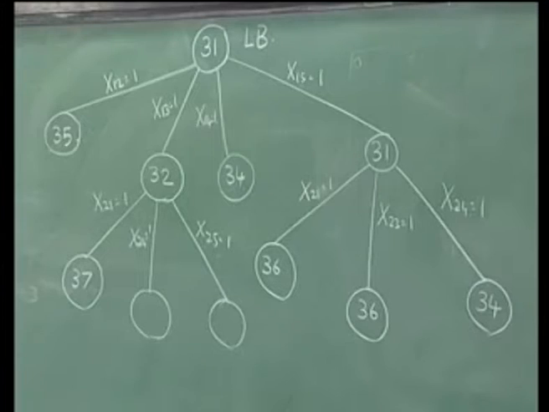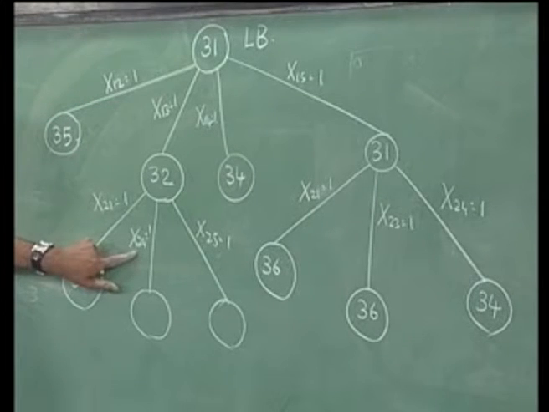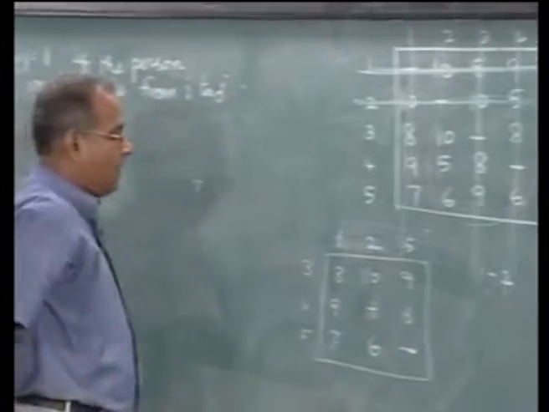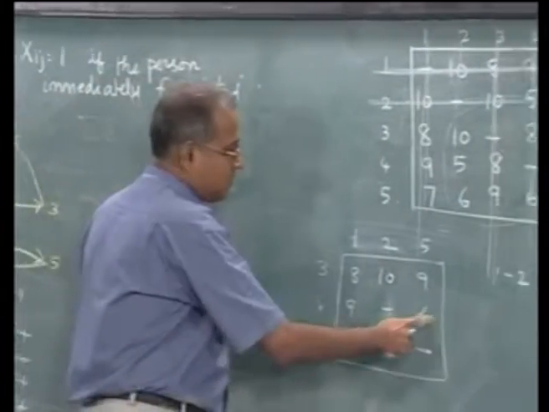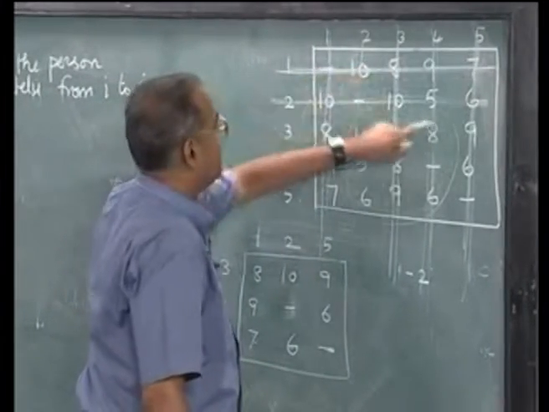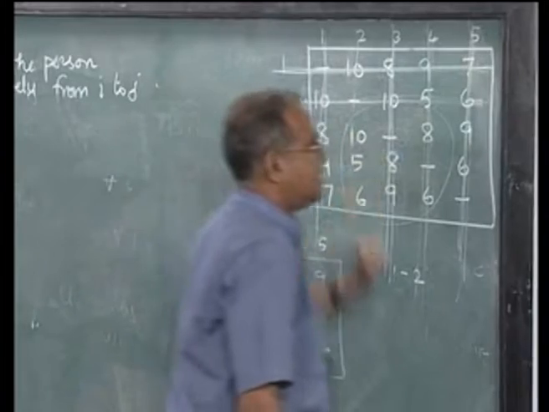Now, again I have used 1 3 and 2 4. Because I have 2 4 here, I should not have 4 2, otherwise I will have a subtour. So, I eliminate this 4 2. Now, I subtract the row minimum. 8 plus 6 14 plus 6 20, 20 plus 8 28, 28 plus 5 is 33.